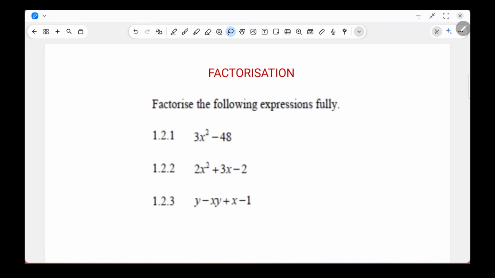And always remember this when you are factorizing: Is there a common factor? Is it a difference of 2 squares? Is it a trinomial? Are there 4 terms for grouping? Practice those and you will ace your exam.